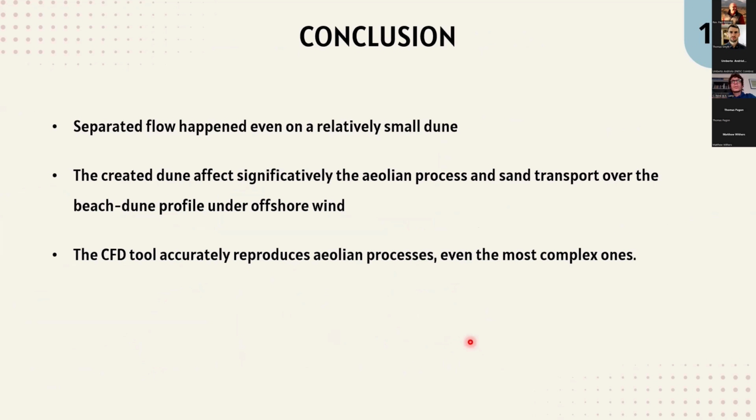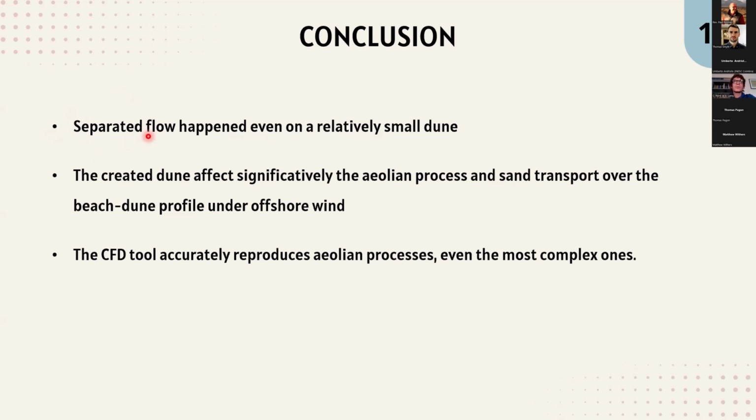In conclusion, I can say that we modelized a separated flow on a relatively small dune. In modelization and observation, we make this conclusion. It's not common because in most cases in the literature, we see this separated flow in very big dune systems.